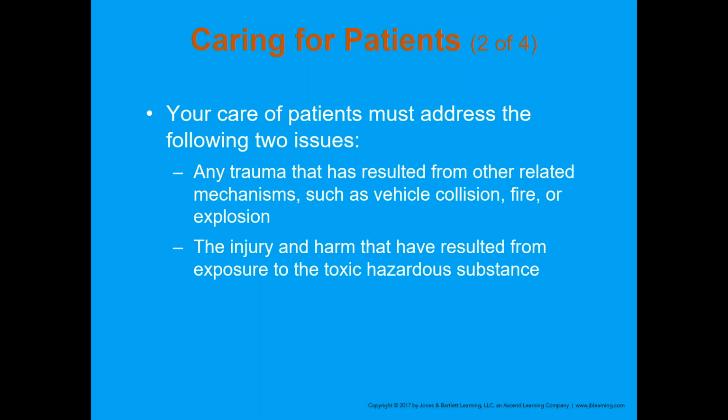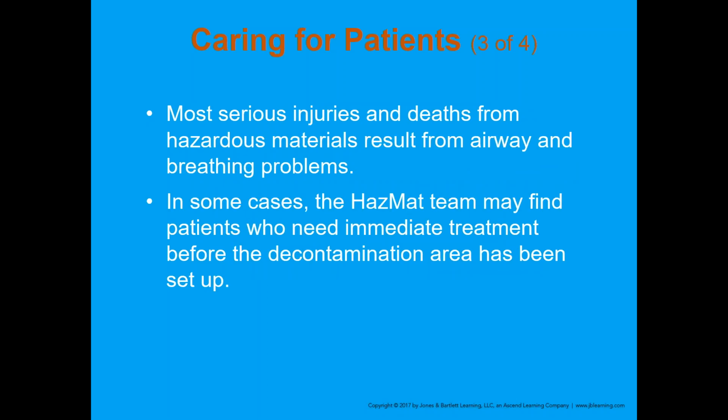We're looking at two things: trauma from the injury, whether it was an explosion, fire, or anything, and exposure to toxic substances. Those are our two main things. Again, most serious injuries and deaths from hazardous materials will result from airway and breathing. If we don't have an airway, if they're not breathing, they're going to die. We have to be able to breathe.